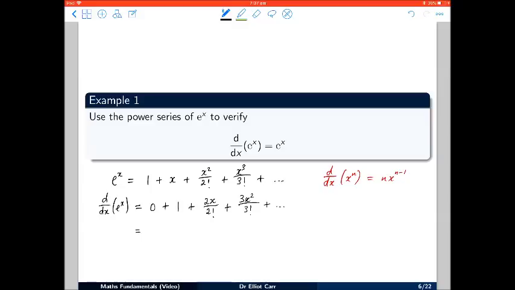So the 0 just goes, so I get 1 plus 2x. Now 2 factorial is 2 times 1. Three factorial is 3 times 2 times 1.